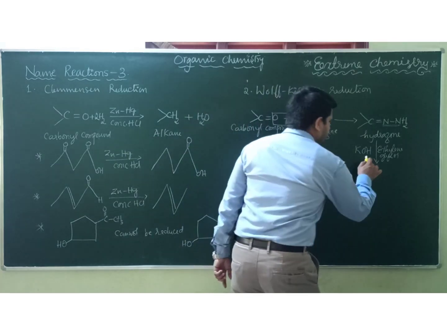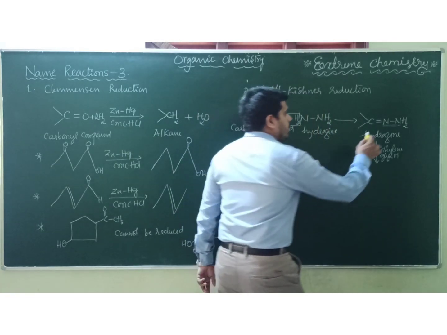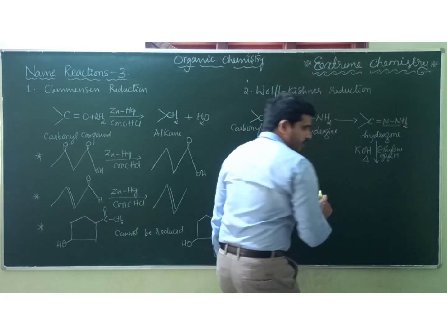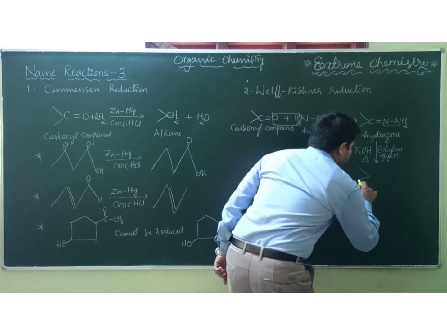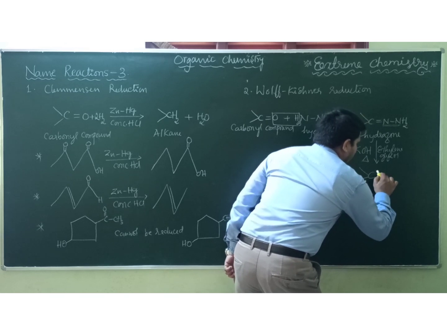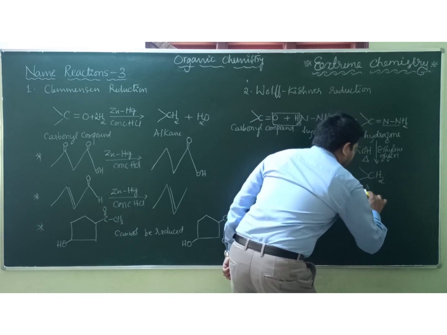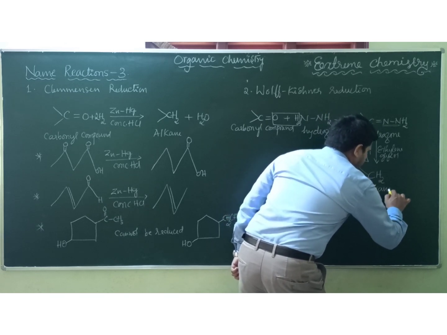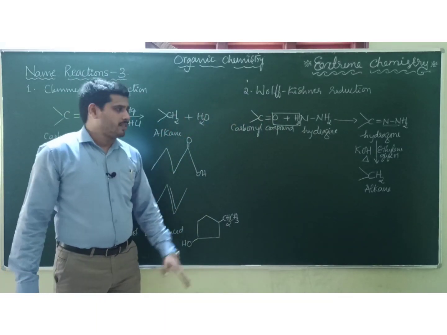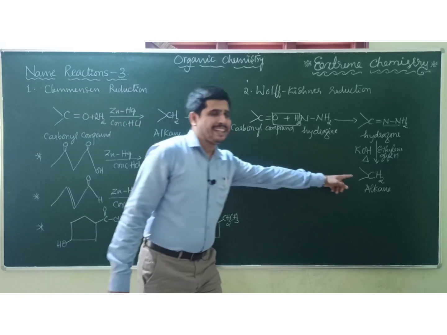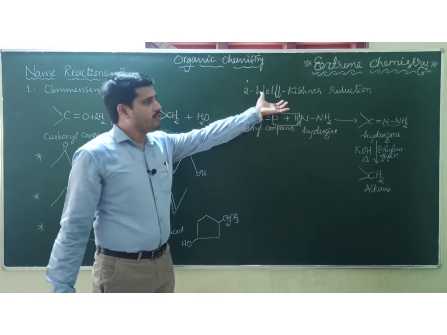When I heat this to that temperature, the nitrogen will get expelled from the compound. As a result, you will get it as CH2. This is our intention, alkane is formed. So in this way, we can get alkane from the Wolff-Kishner reduction.